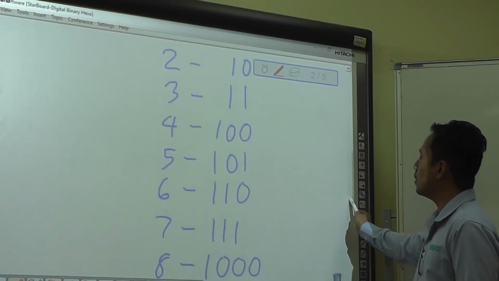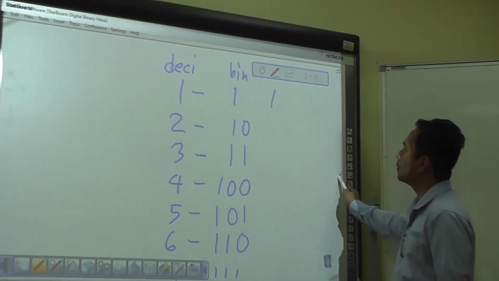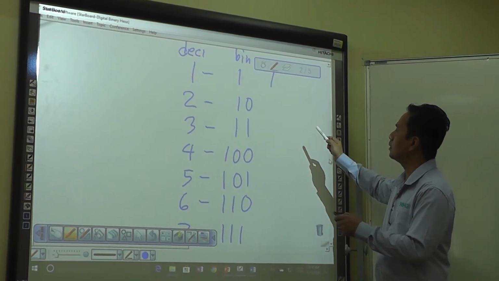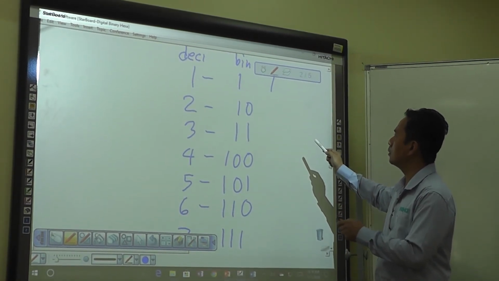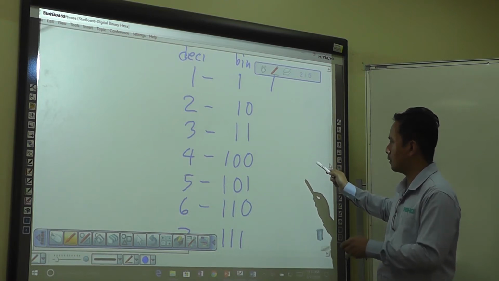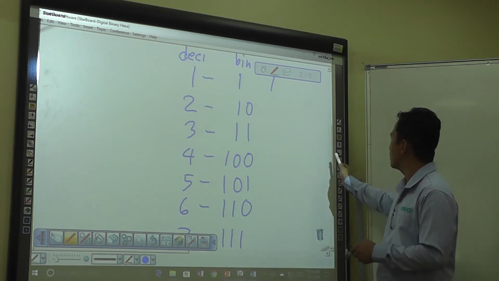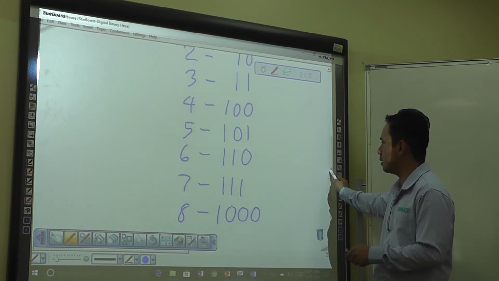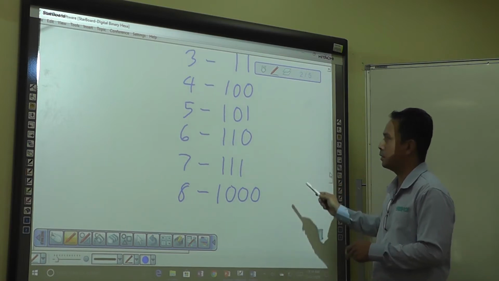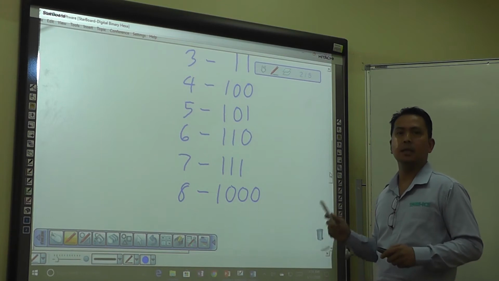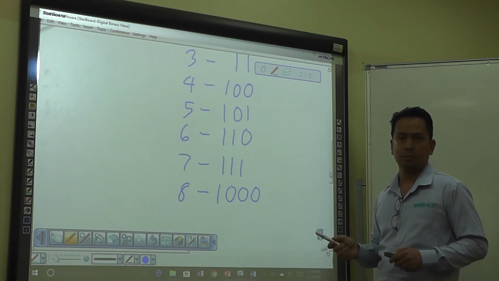Now, what do you observe with these numbers, 1, 2, 3, 4, 5, 6, 7, and 8? We didn't use any numbers other than 1 and 0.